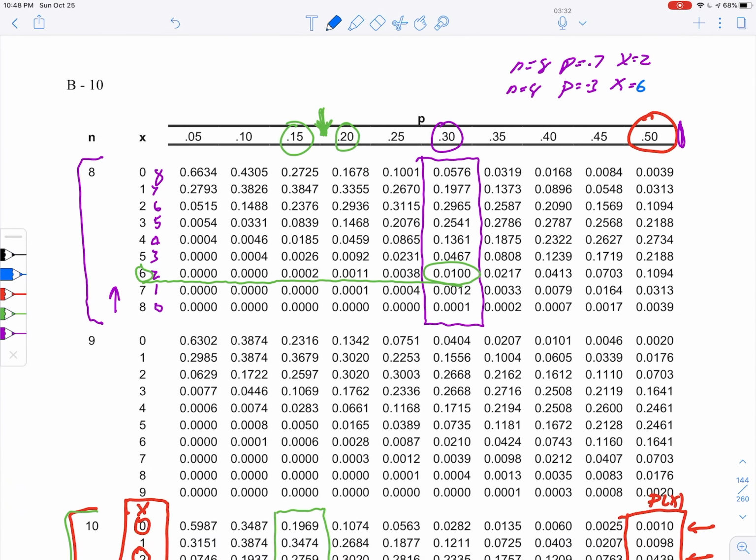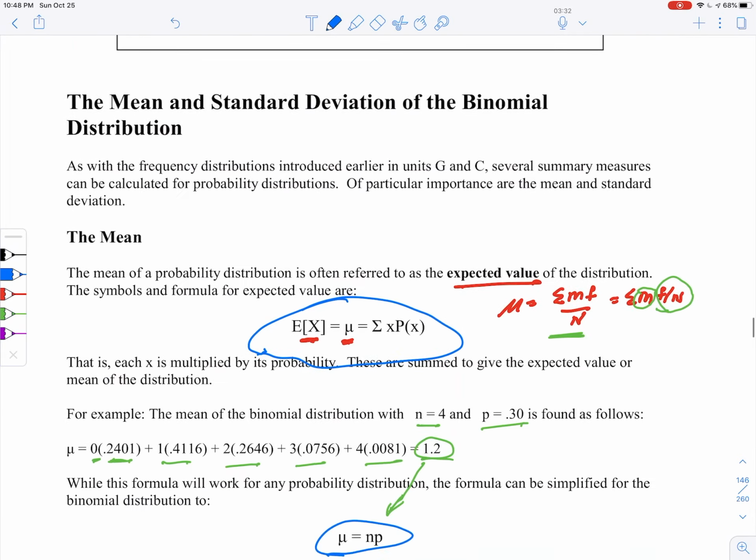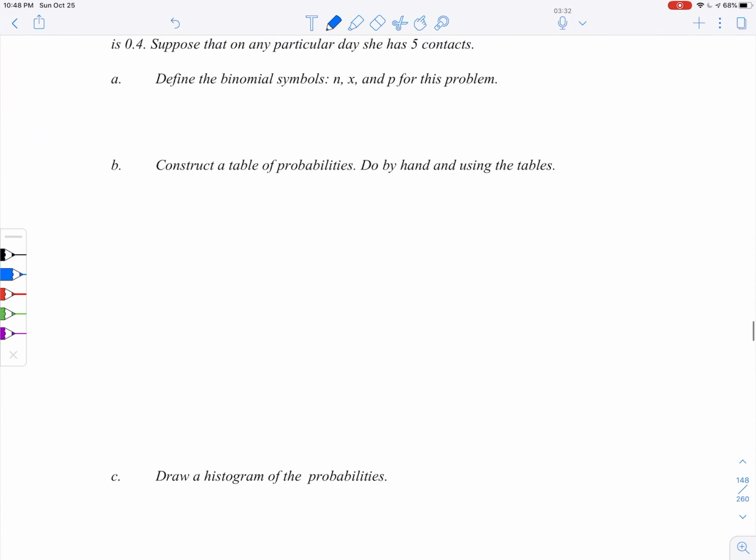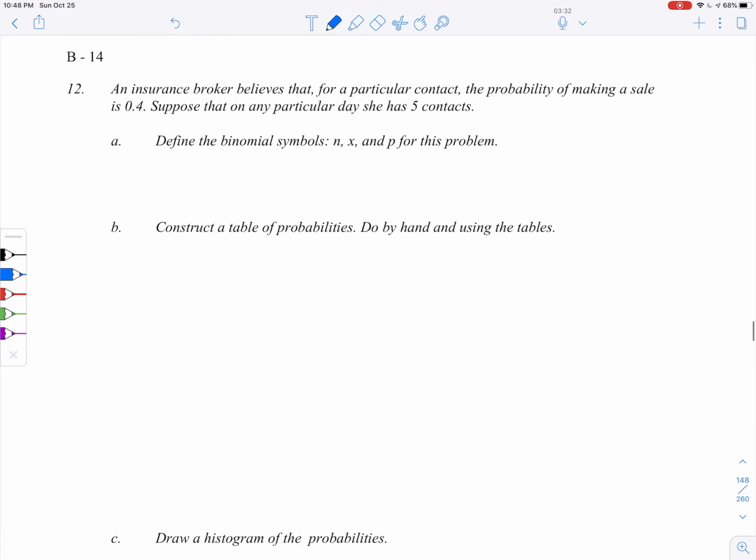And we were, what page were we on? A little further than that. So we're looking on page B14 here, number 12, and we're asking the question then, an insurance broker believes that for a particular contact, the probability of making a sale is 0.4.